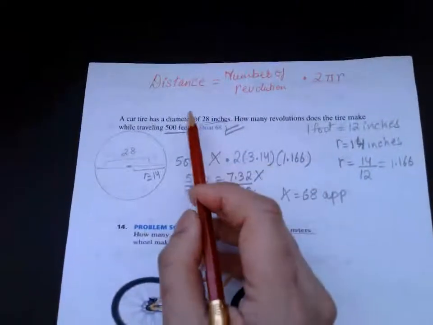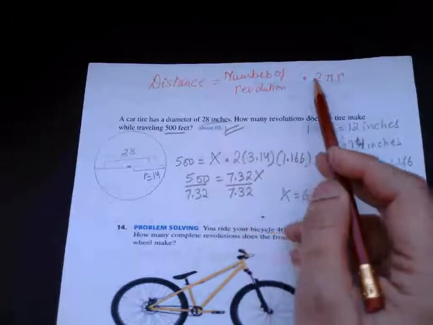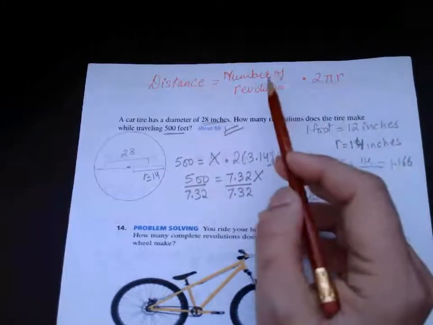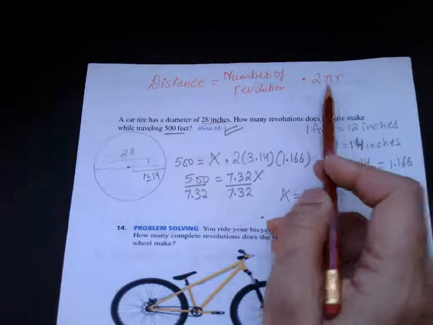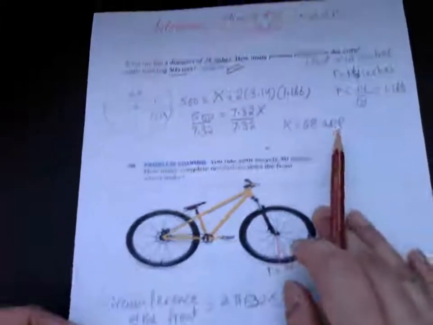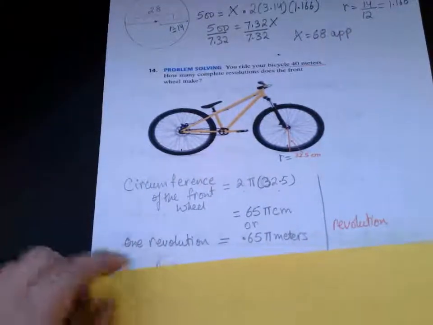And what is the formula for finding the distance? Distance is equal to number of revolutions times 2 pi r. I have this. I can find this, right? I have only one of these because it says one revolution. Let's plug it back.